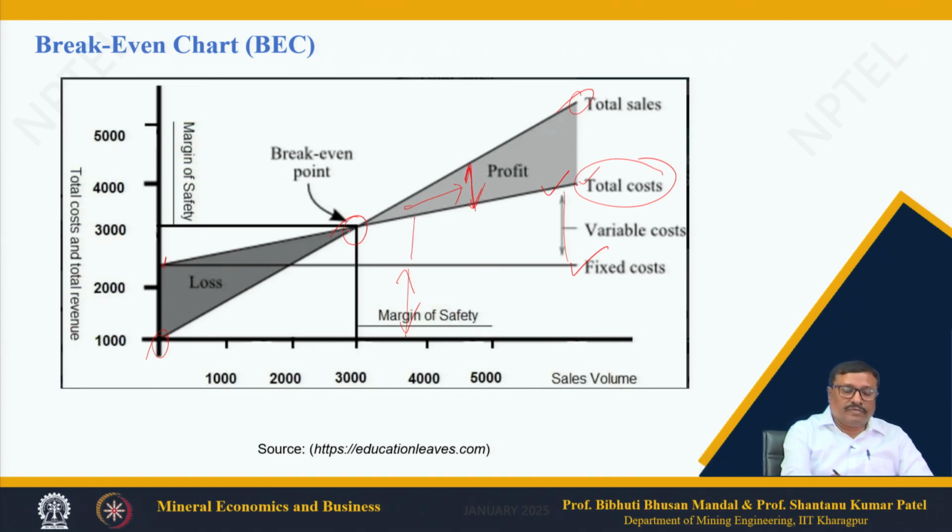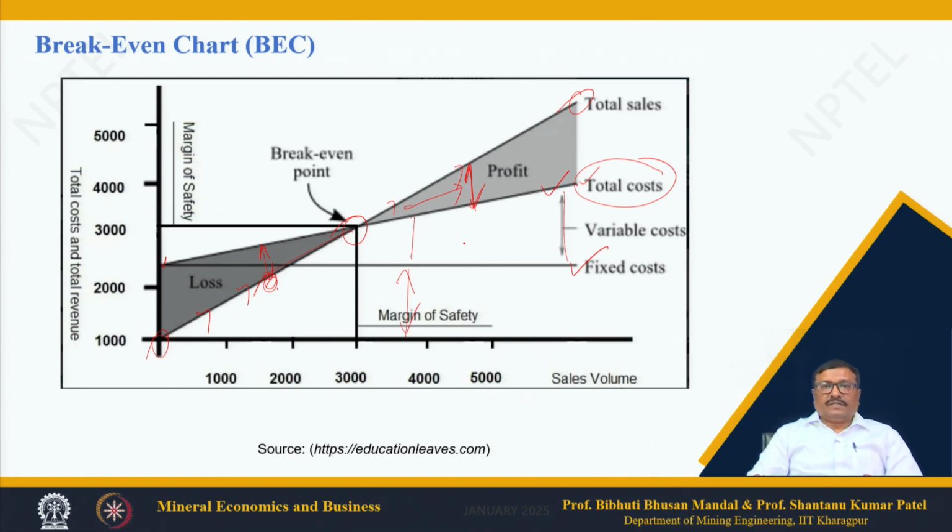At the same time, if you go to the left side, then you see this is the difference between the total cost and the total revenue. The revenue is less than the cost, so you are in a loss. That means this shows simplistically where you are in the profit zone or loss, and how much is the margin of safety, which we have discussed.